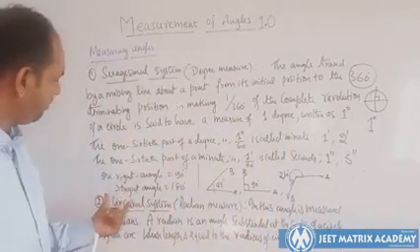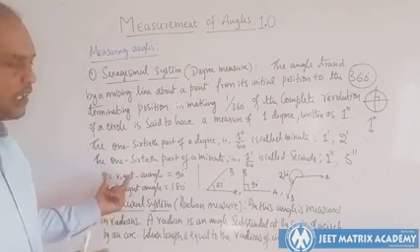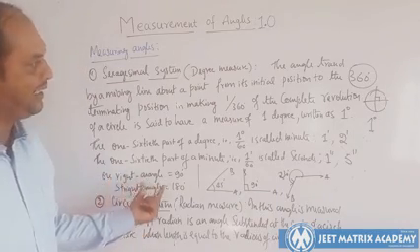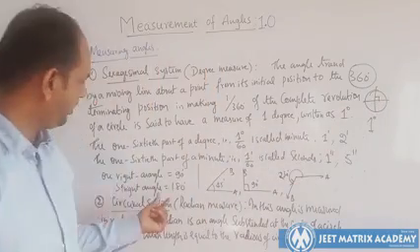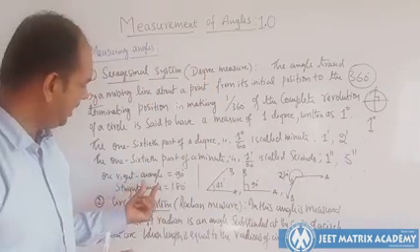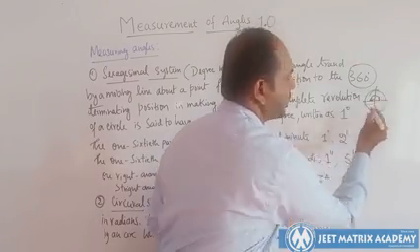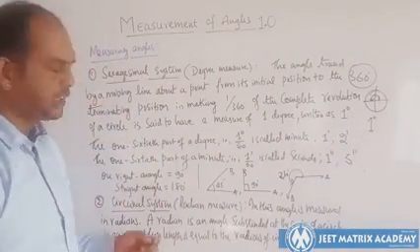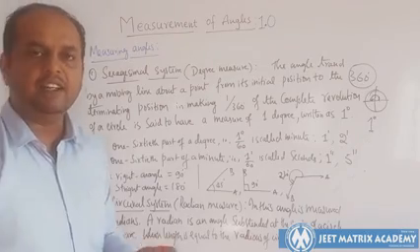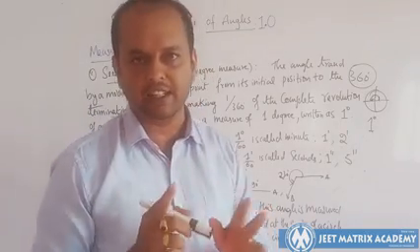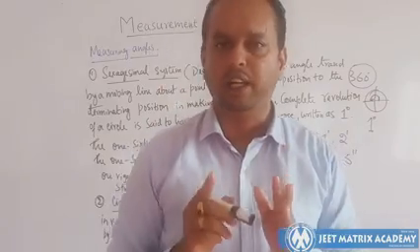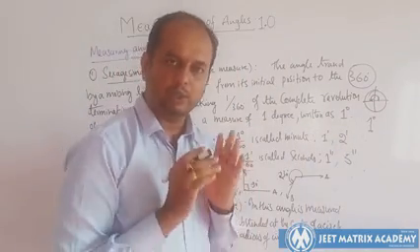In the sexagesimal system, 90 degrees is called a right angle. Similarly, 180 degrees is called a straight angle. Right angle means 90 degrees, straight angle means 180 degrees. These two things you are supposed to remember.